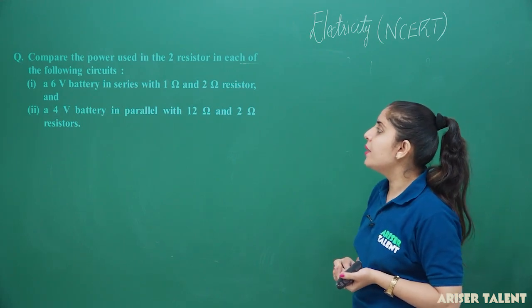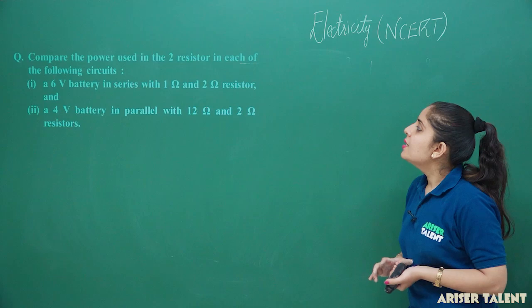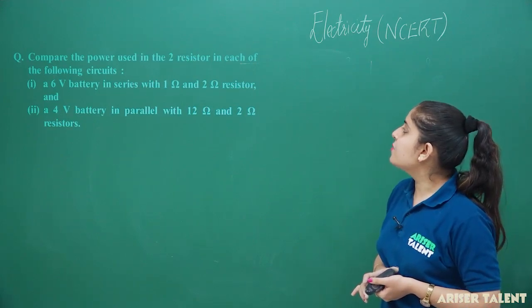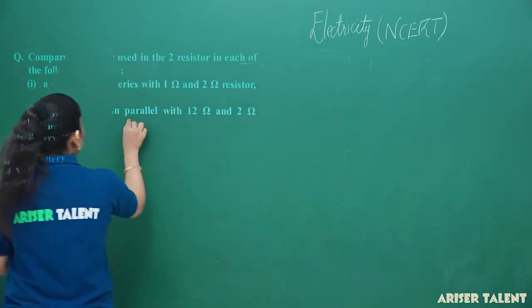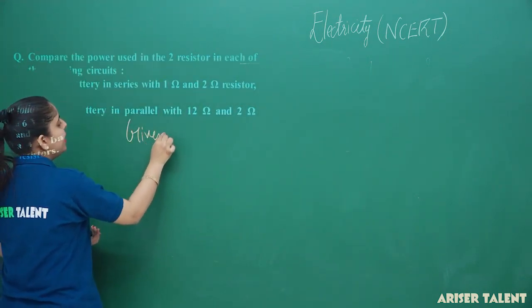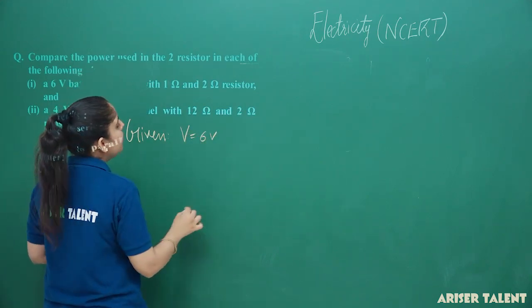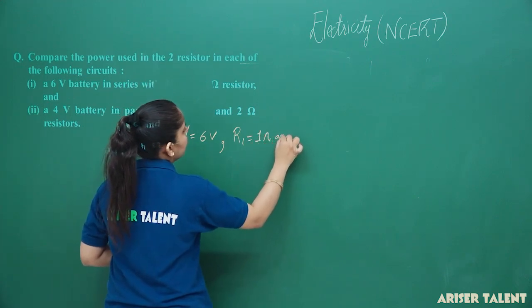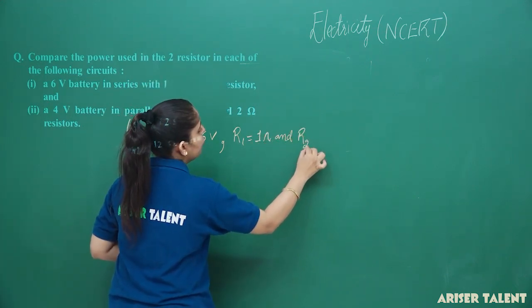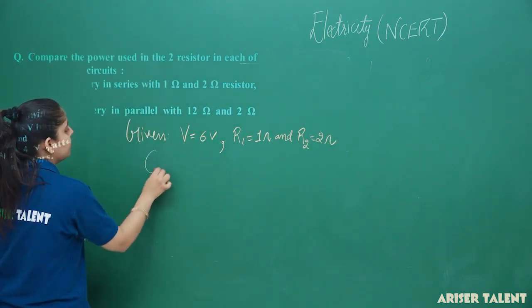So you have to compare the power in both these cases. The first case is a 6-volt battery in series with 1 ohm and 2 ohm resistors. So let us write the given conditions: a 6-volt battery and two resistors, R1 equal to 1 ohm and R2 equal to 2 ohm. This is our case 1.